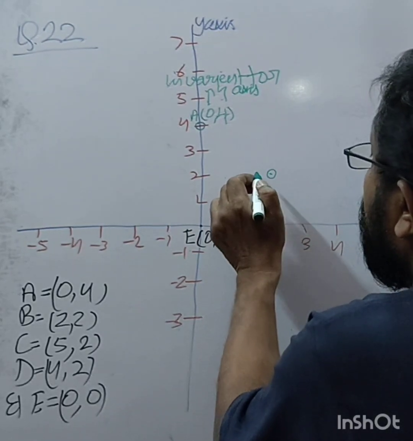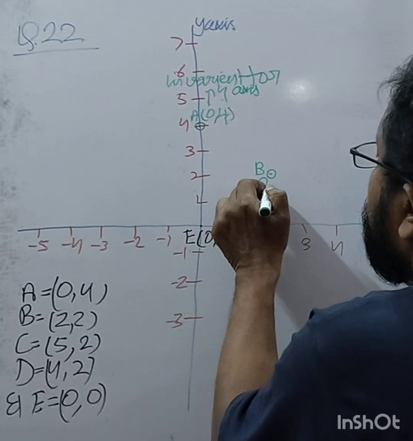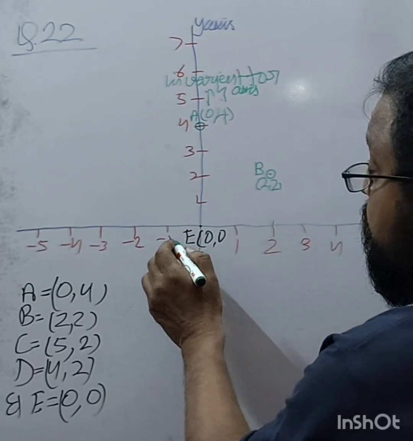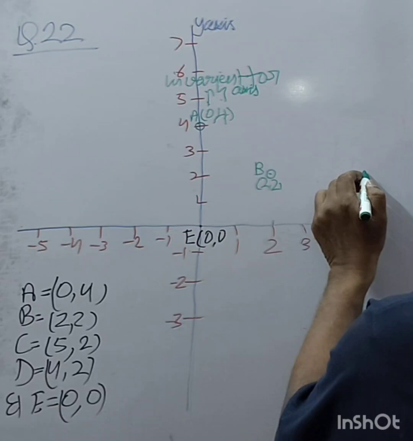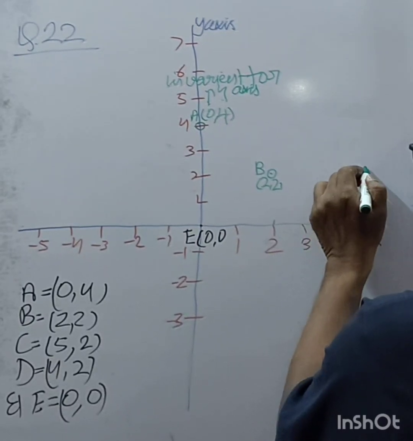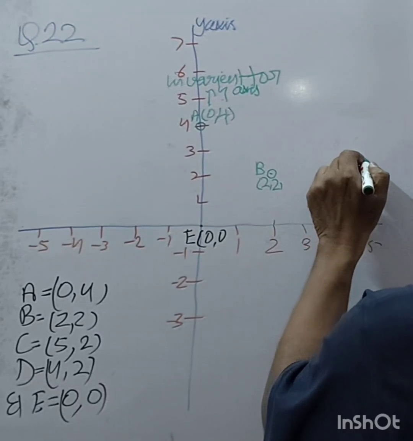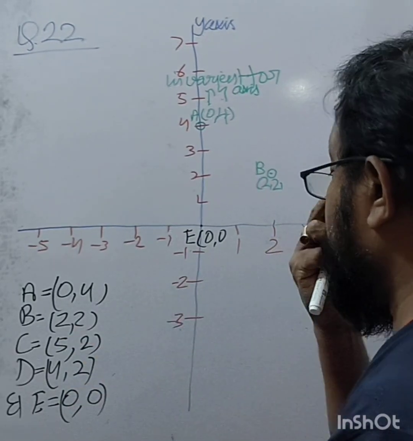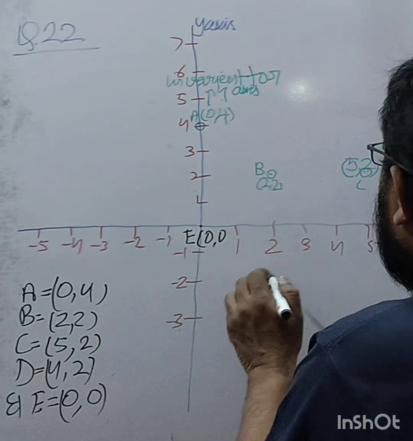This is 2,2. B is 2,2. C is 5,2. And D is 4,2.